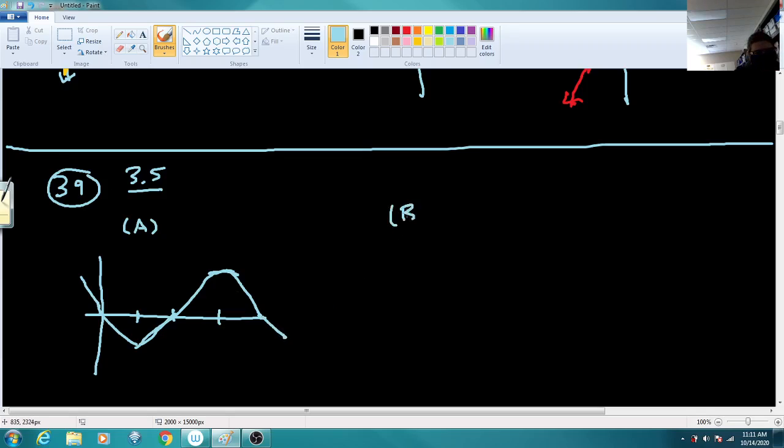So graph B, we got 1, 2, 3. Graph B is up here, then it goes down, it crosses over here, comes back up, and does that sort of thing. And then graph C.